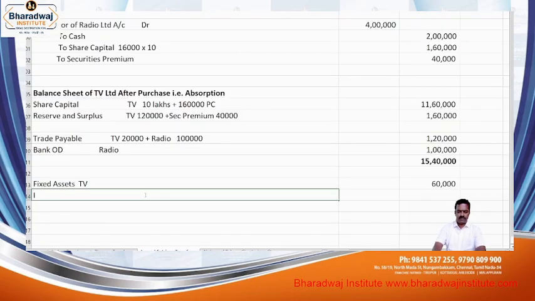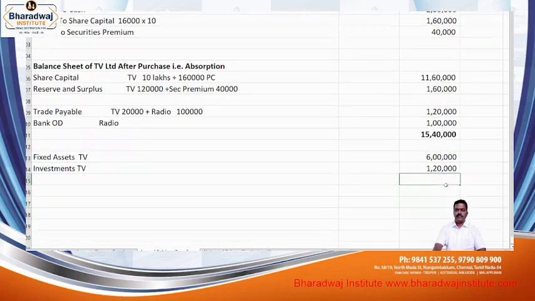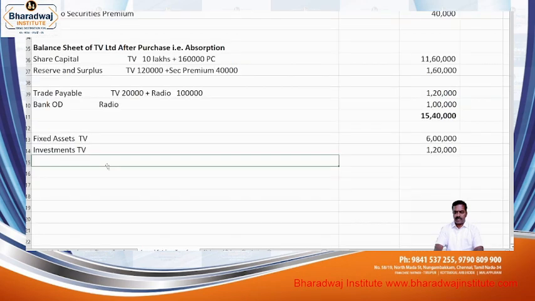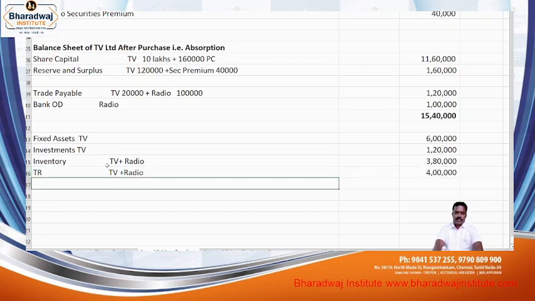Fixed assets of TV will come then. Investments of TV, how much? 1,20,000. Then inventory, TV plus Radio. What is the total? 3 lakh, 80,000.